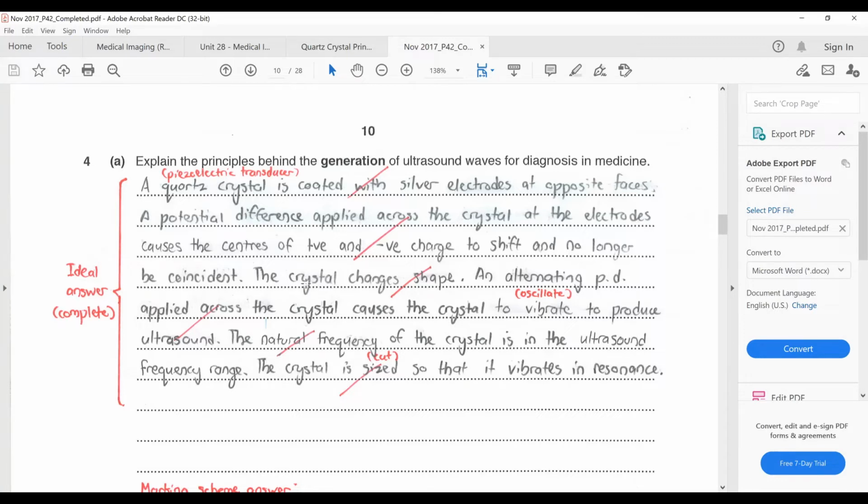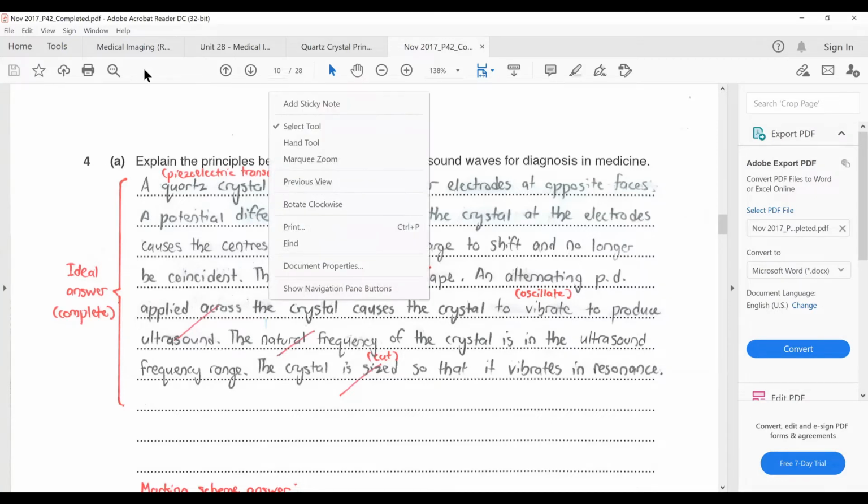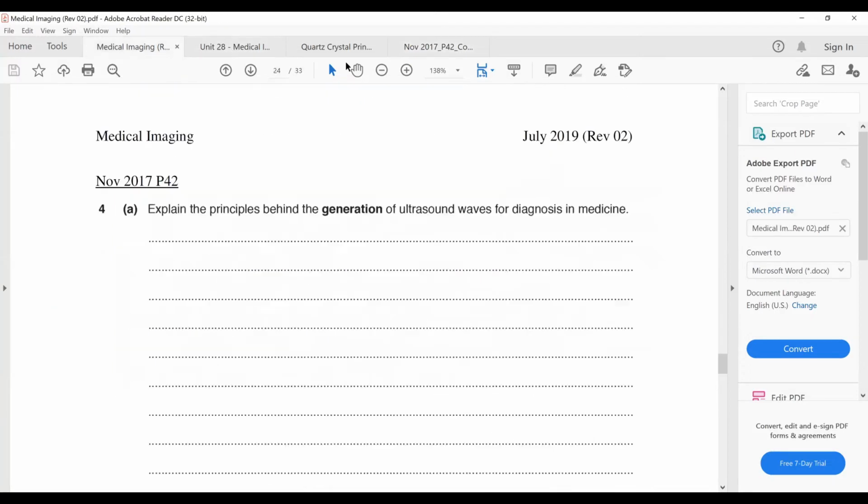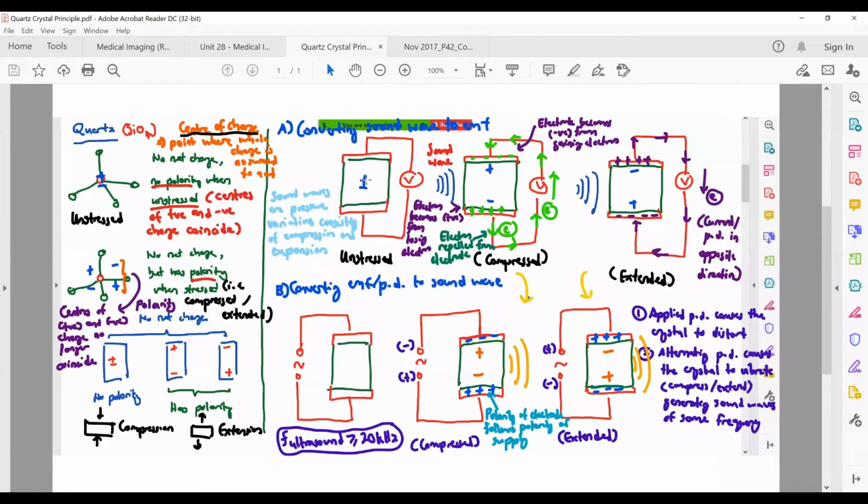The part where it distorts, this is the part. When I mentioned just now, you apply a PD here, your centers of positive and negative charge will no longer coincide. Your crystal will start to distort actually, so it's either compressed or extended.